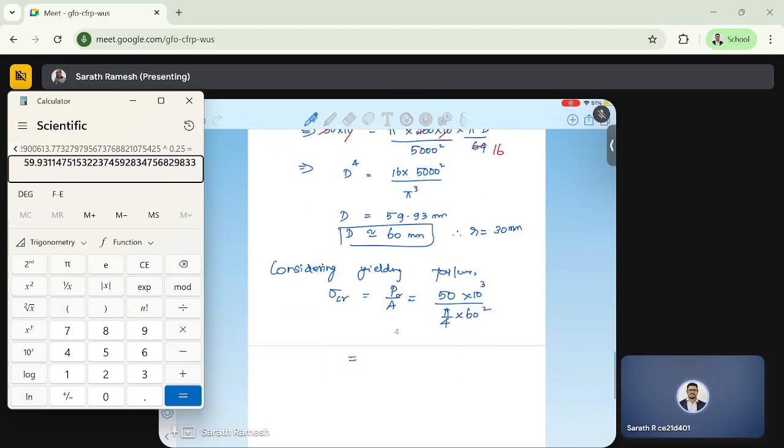So this will be 200 into 1000 divided by 60 into 60 into pi.